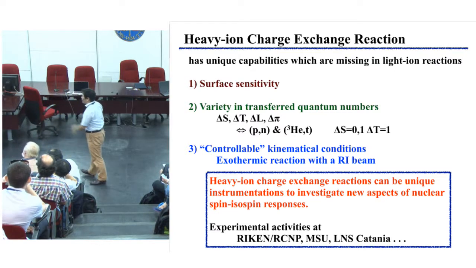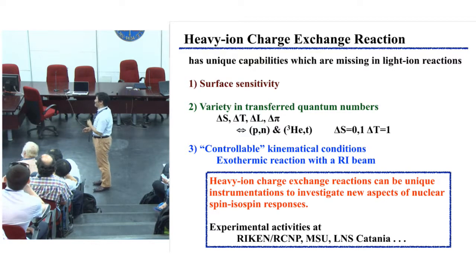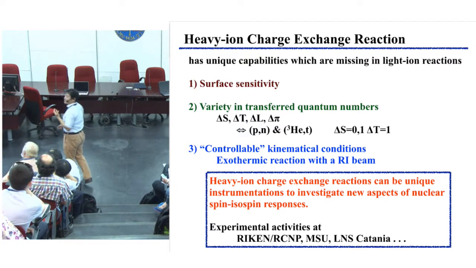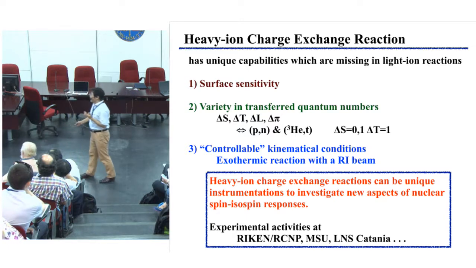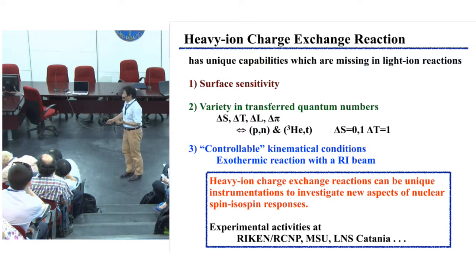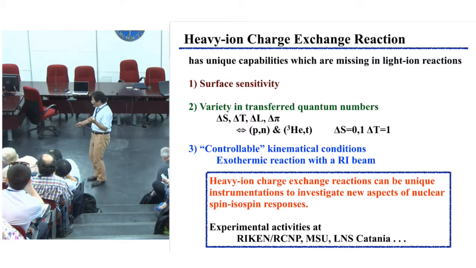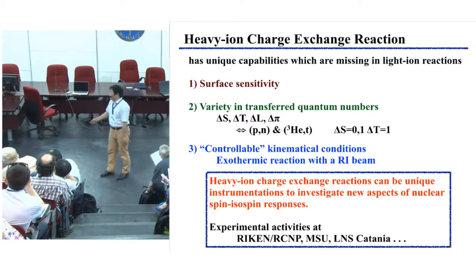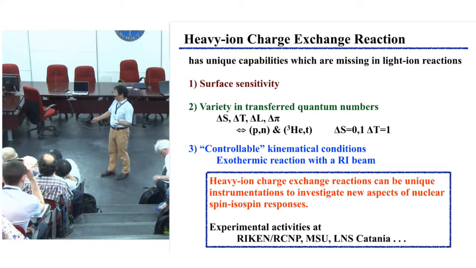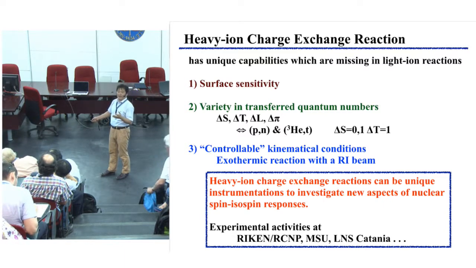Let me claim that heavy ion charge exchange reaction can be a unique instrument to investigate new aspects of spin-isospin responses. At present, experimental activities are ongoing in Japan, at Michigan State University, and here, in Catania.